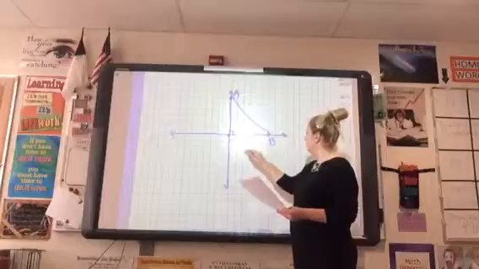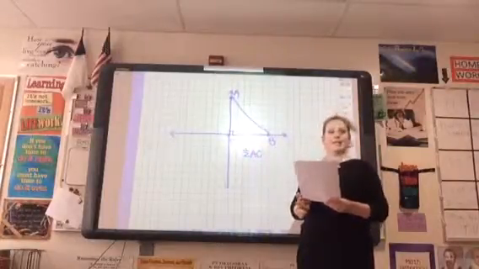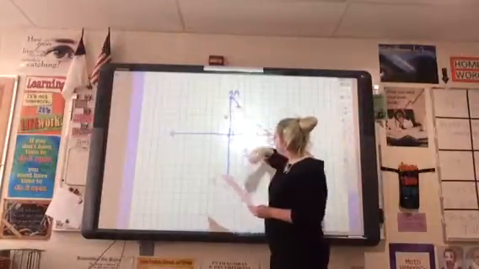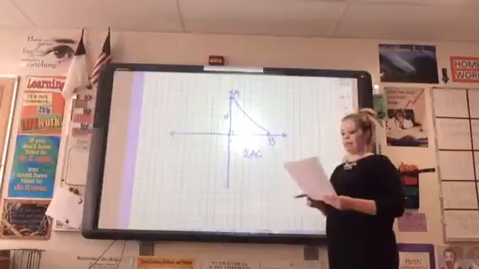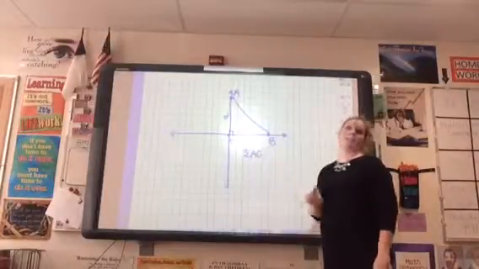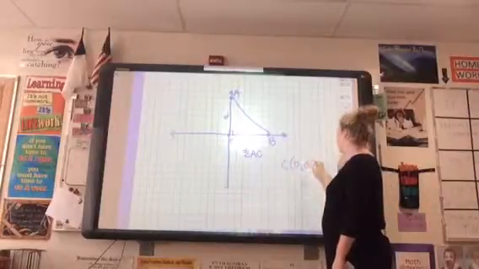Okay, so I'm just going to put this here for right now. Now it says AC is A units long. So this is A. Now, how would we label the points? That's what we need to label. So what is C? That's easy, right? 0, 0. Okay.